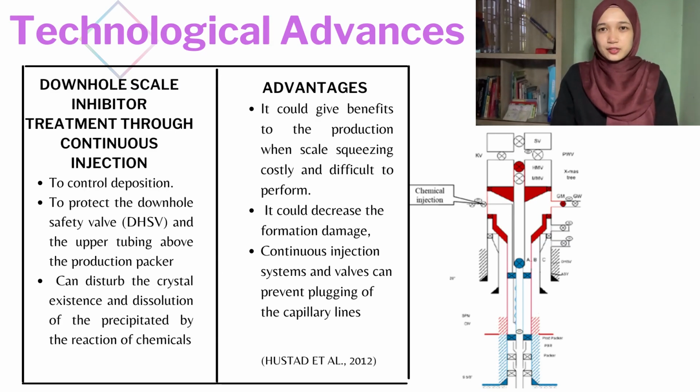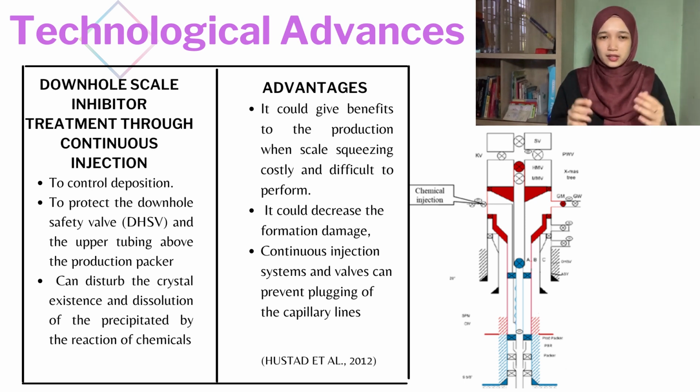So for scale control, downhole scale inhibitor treatment through continuous injection is the common method that has been used in the oil and gas industry in order to control depositions. Next, this scale inhibitor is able to protect the downhole safety valve and also the upper tubing above the production packer.